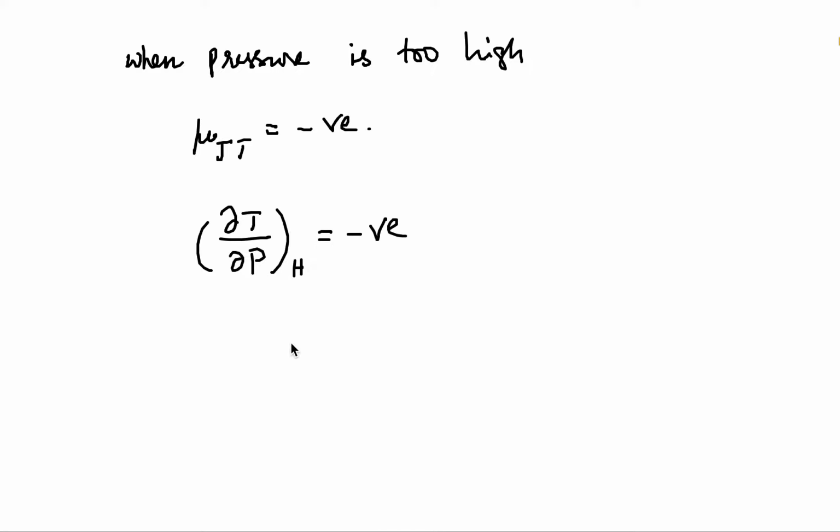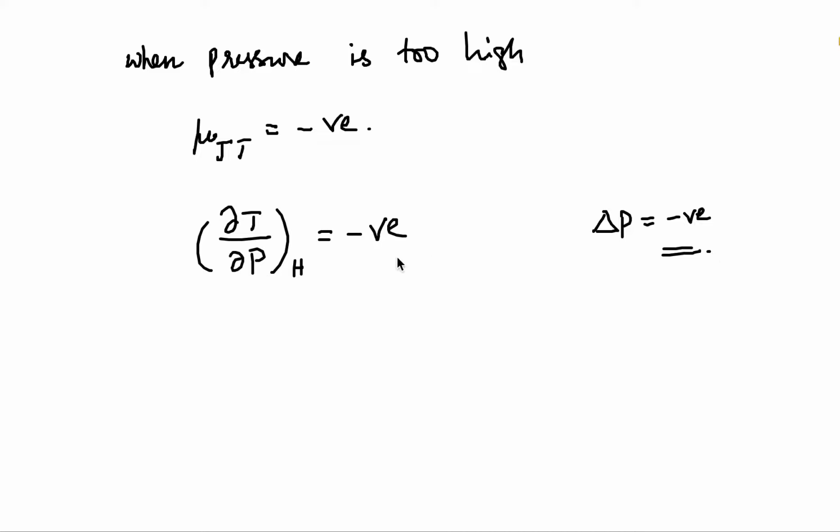What does it mean? It is an expansion, therefore delta P is negative. When the gas expands, the final pressure is less and the initial pressure is high. Therefore final pressure minus initial pressure is a smaller number minus a bigger number, which is a negative number.